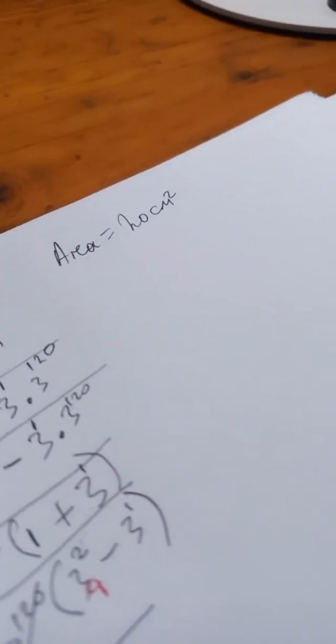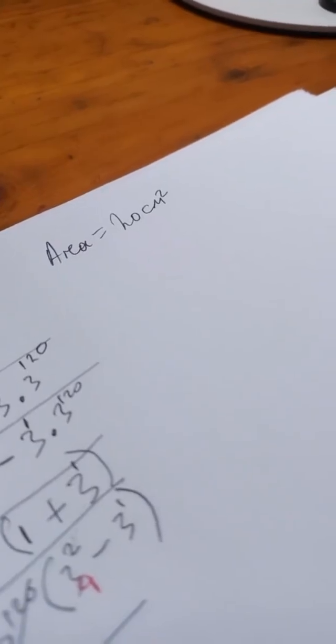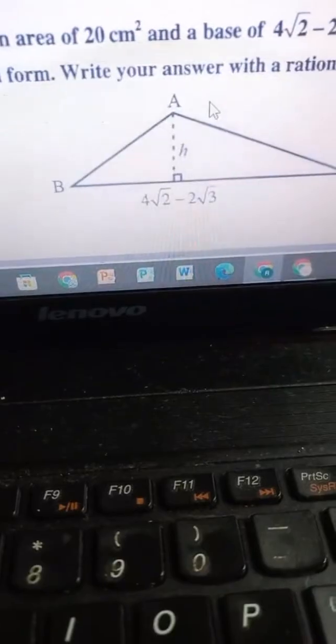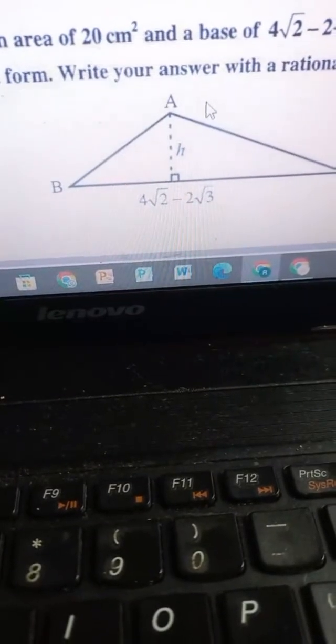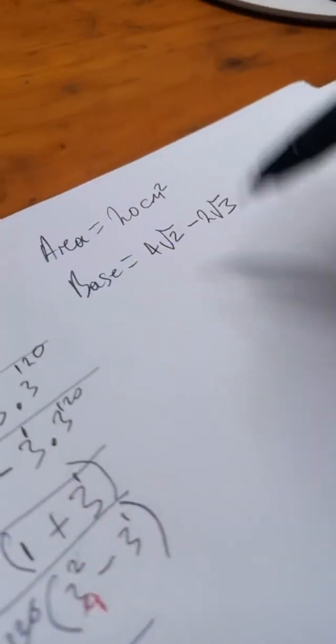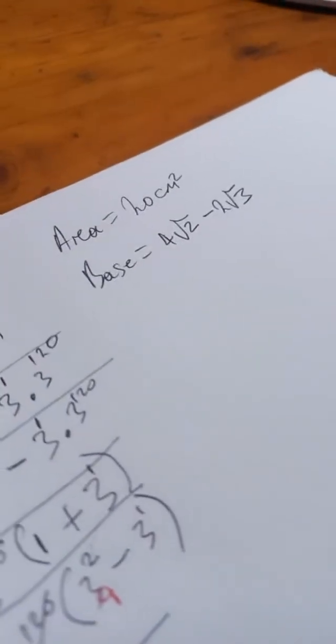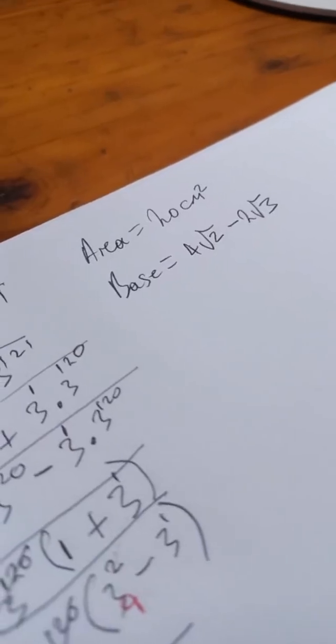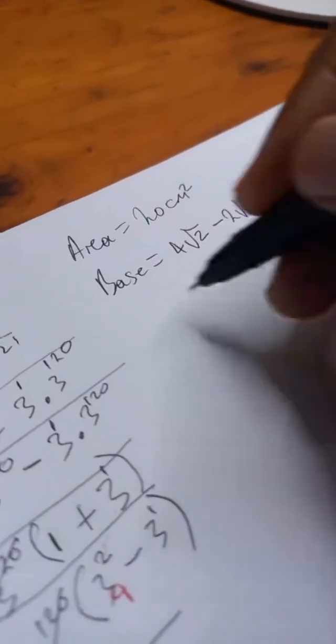From there, we say base. Look at the base, guys: 4 square root of 2 minus 2 square root of 3. This is the base. Determine the height of the triangle in simplest form. We want the height.